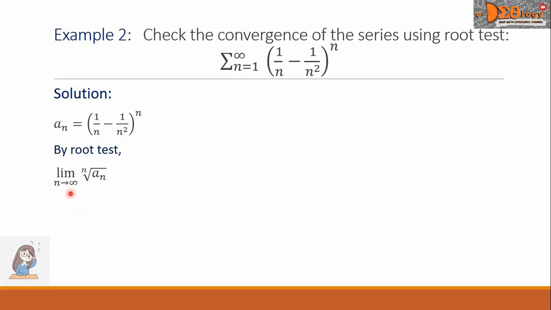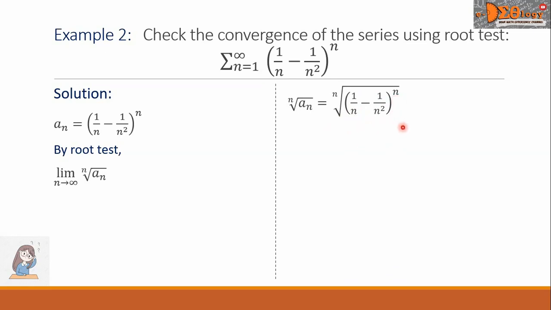as n approaches infinity of the nth root of a sub n. Let us simplify this nth root of a sub n on the side. Substituting the value, we have now the nth root of 1 over n minus 1 over n squared, and the quantity is raised to power n.